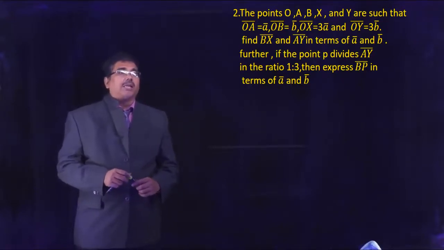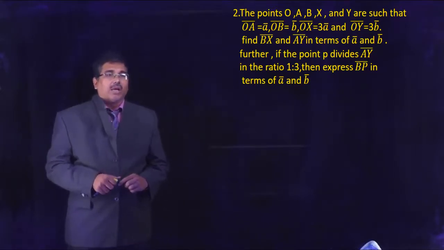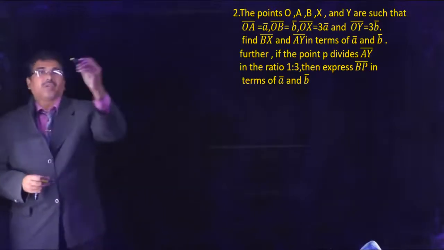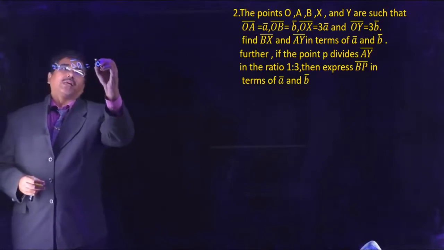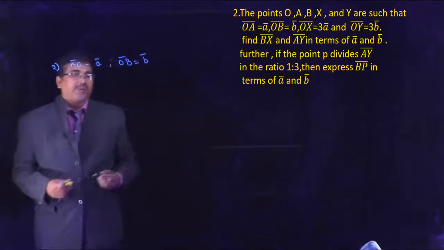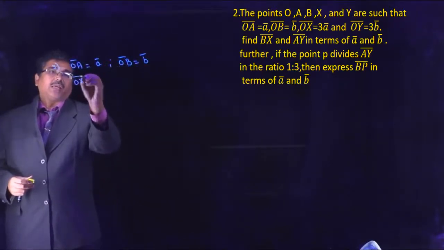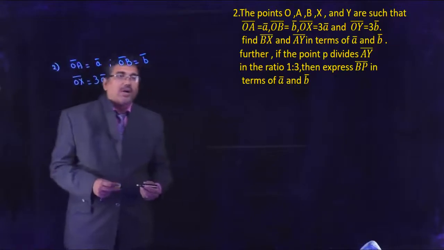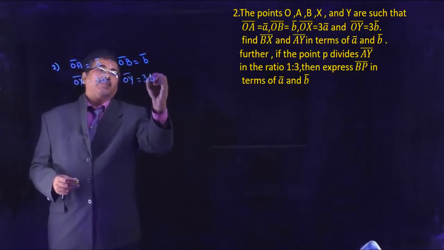The points O, A, B, X and Y are such that OA bar is equal to A bar, OB bar is equal to B bar, and OX bar is equal to 3A bar, OX bar is collinear with OA bar, and OY bar is equal to 3 times B bar.